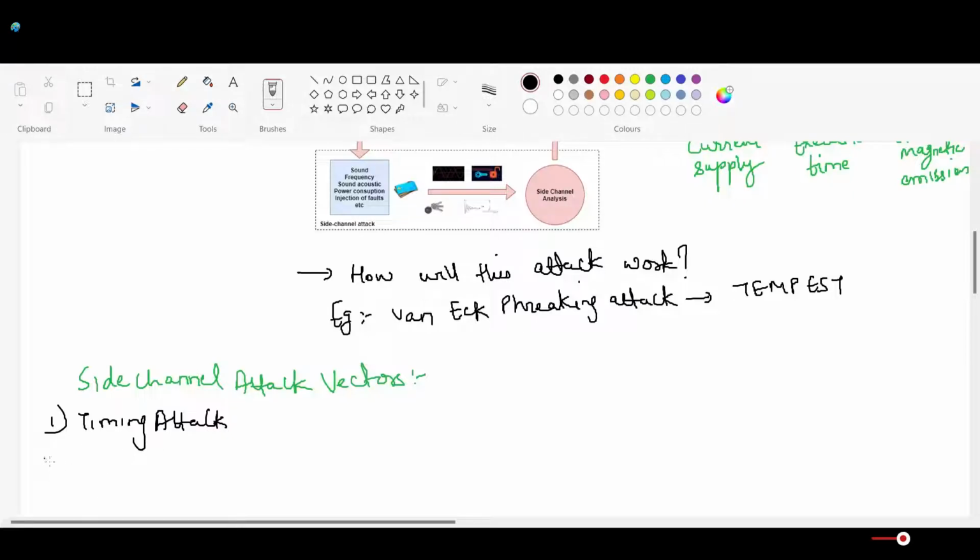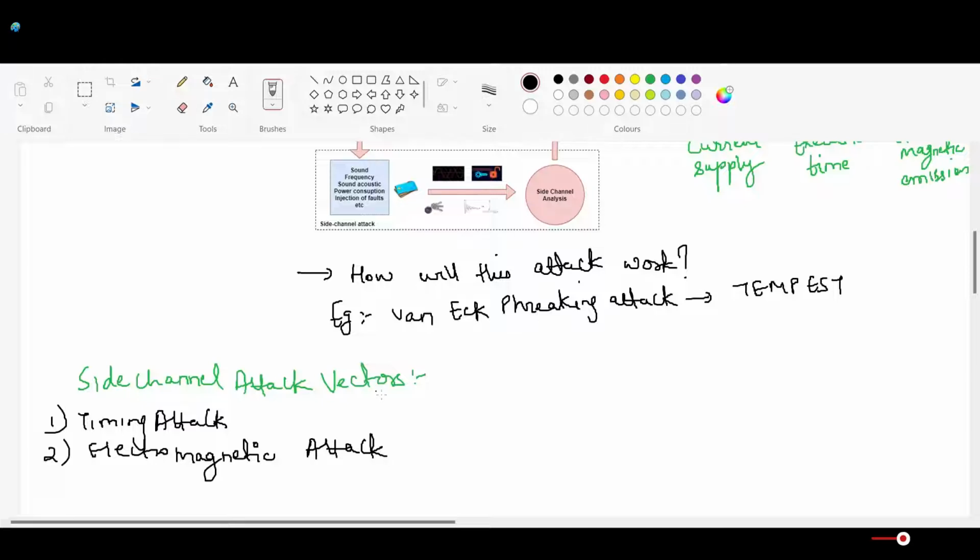Second is the electromagnetic attack, the EM attack. Here we measure and perform signal analysis on the electromagnetic radiation emitted by our system.